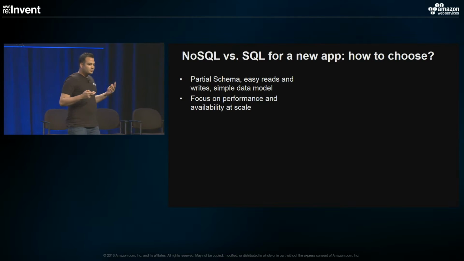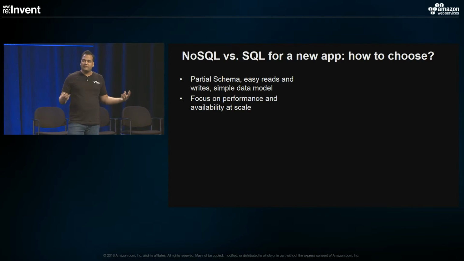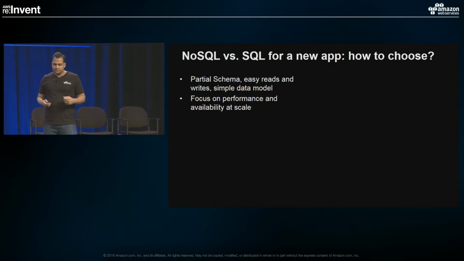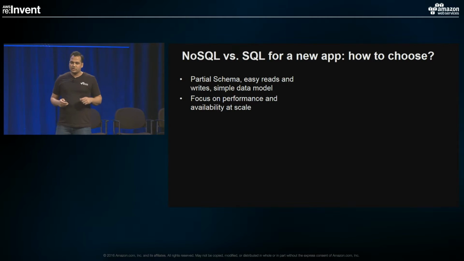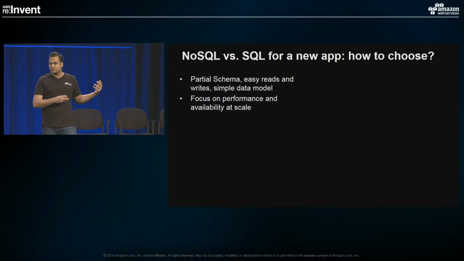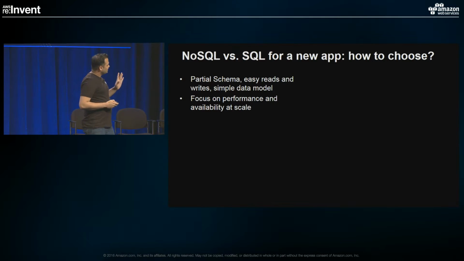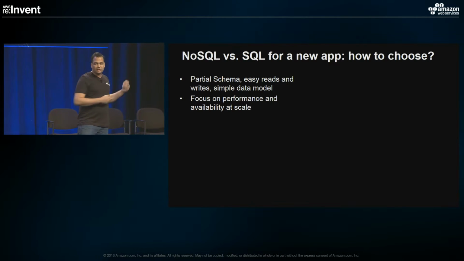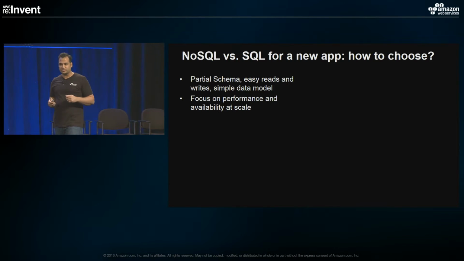Is your data a simple key value pair store? For example, you're processing a big data stream. You're processing a log stream. You're managing some key value pairs. We will see examples for some of these. The performance and availability at scale is really the key when it comes to NoSQL stores.